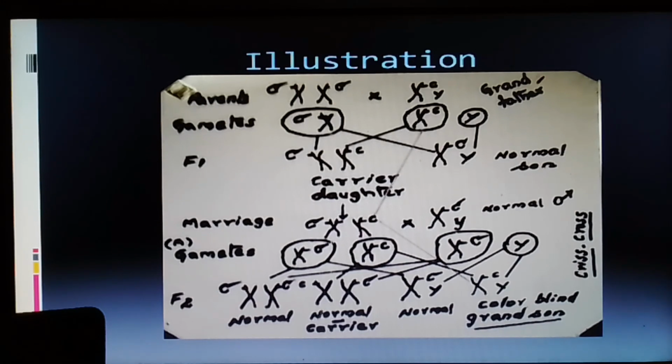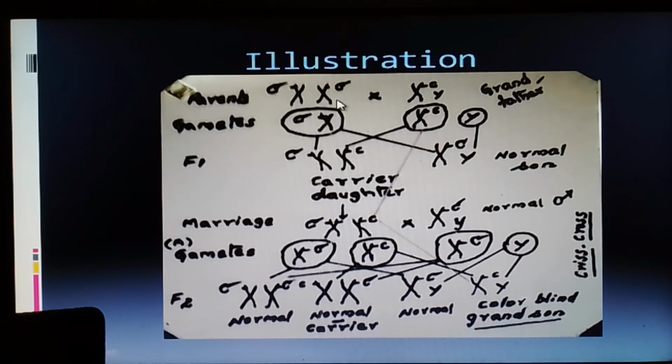Such individuals, when tested while going for a driving license, will not be issued a driving license because of the presence of this color blindness problem. Because they may not differentiate red from green, you can assume what would happen.